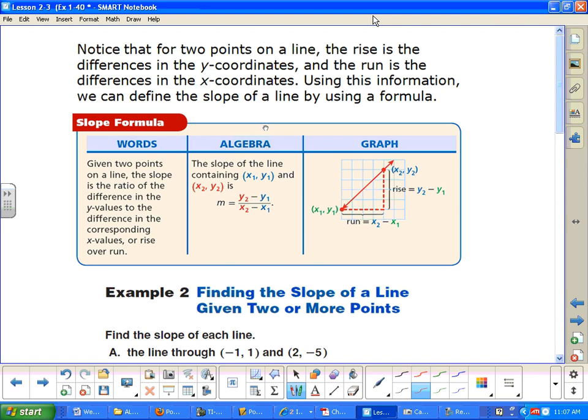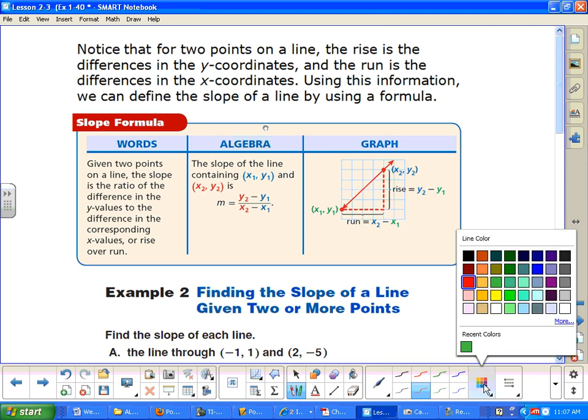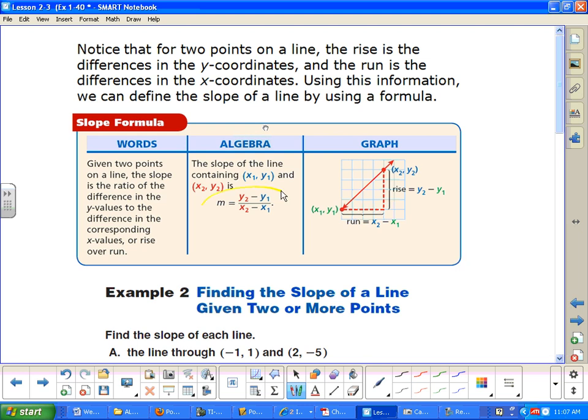The formula for finding the slope is m is equal to y sub 2 minus y sub 1 over x sub 2 minus x sub 1. So this means change in y over the change in x. Okay? Rise over run.